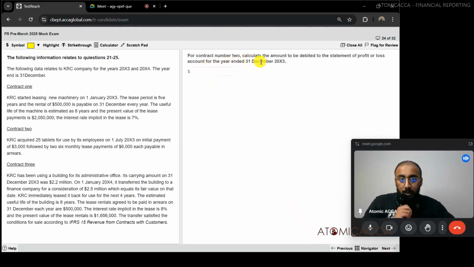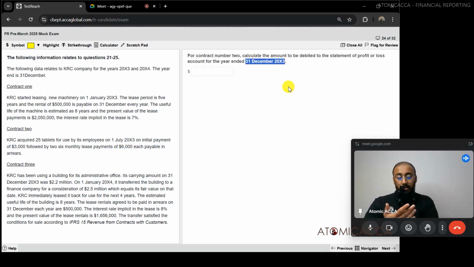For contract number 2, calculate the amount to be debited to SOPL for the year ended 31st December X3. Contract 2 is an operating lease. How much was the payment to make? $3,000 was initial, then 6,000, 6,000. So total rental to pay is 3,000 plus 6,000, 9,000, plus 6,000, 15,000. Now you're taking it on 1st July X3. They want it on 31st December X3.